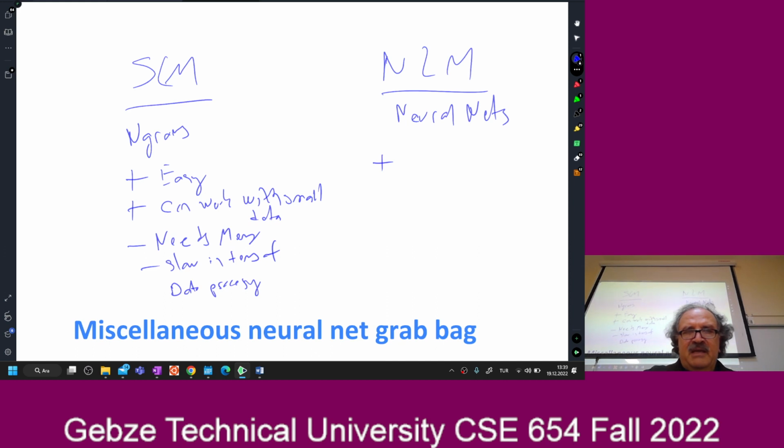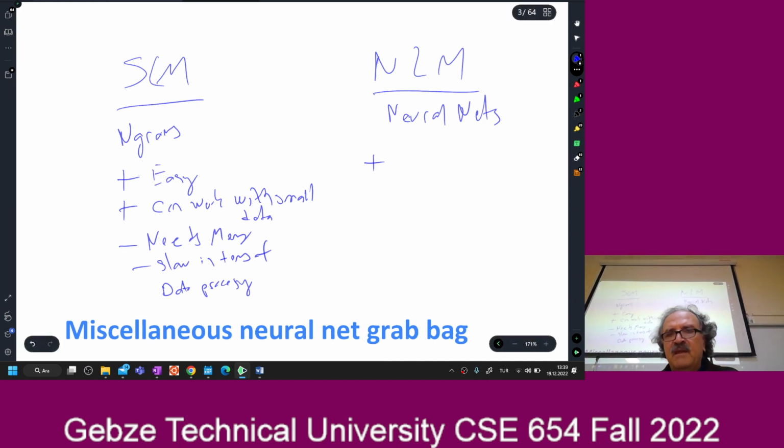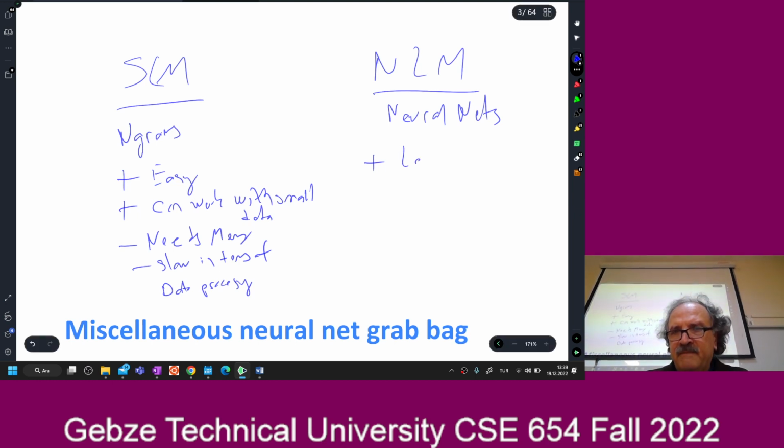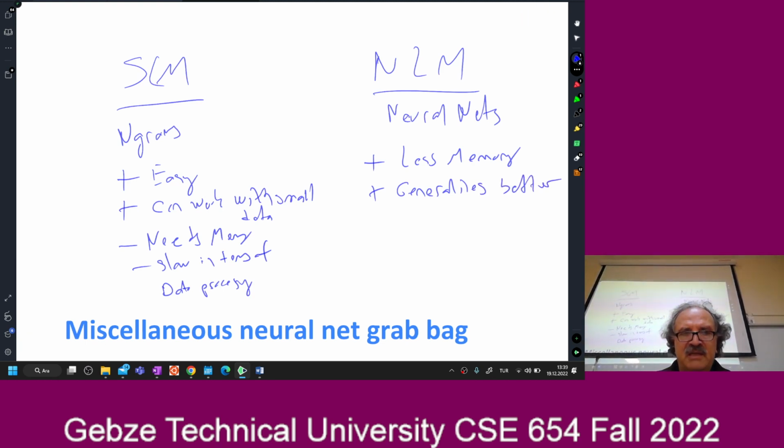Not labeled, again, like the n-grams. But the plus is it doesn't need lots of memory, less memory. Less memory means that it generalizes better. Okay. Those are the things.